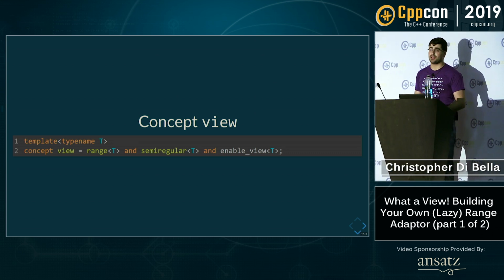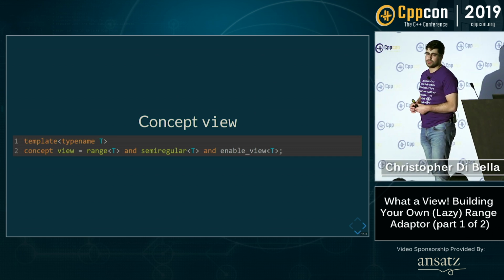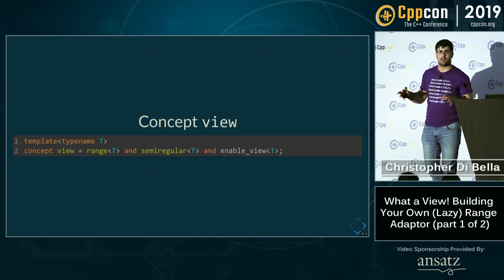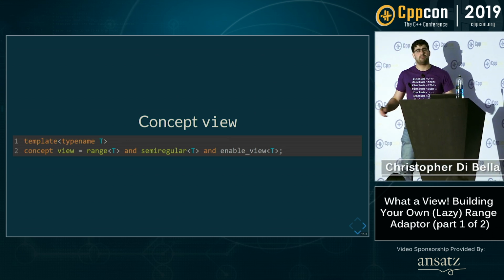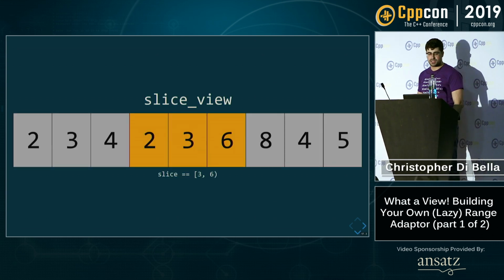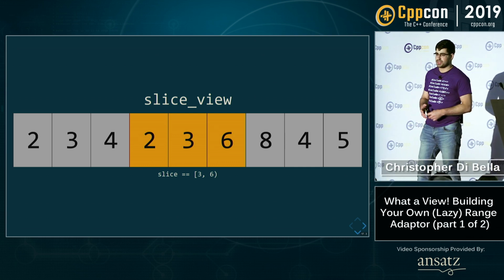They're going to be in your standard libraries, hopefully very soon. And there are canonical implementations of all of these, possibly barring one. And I figured that it would be interesting to see something that may not actually be as straightforward. So the first one that I considered was slice view.